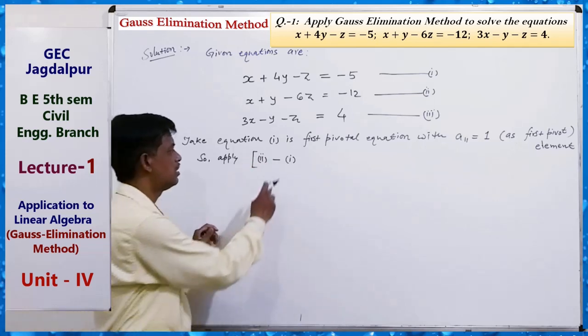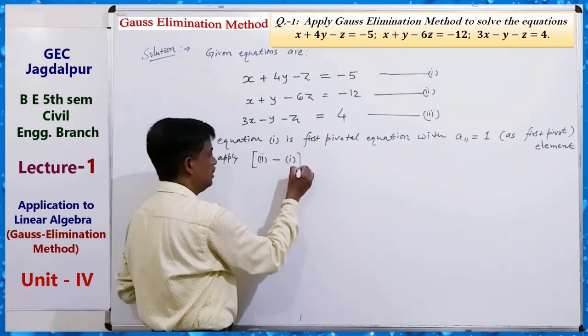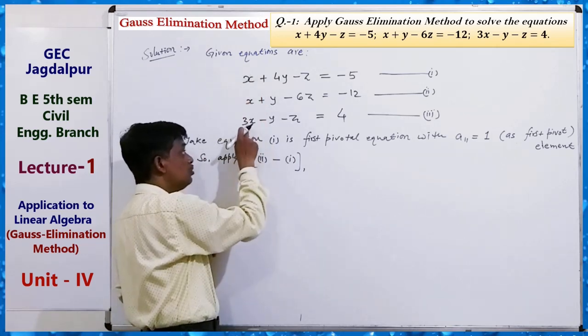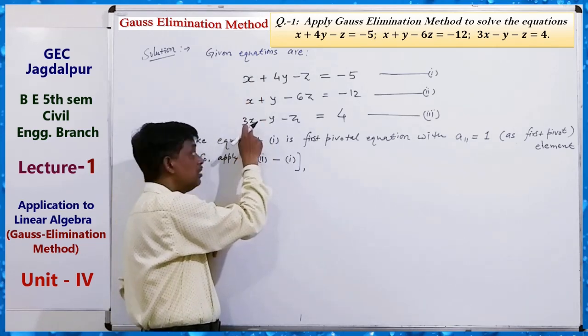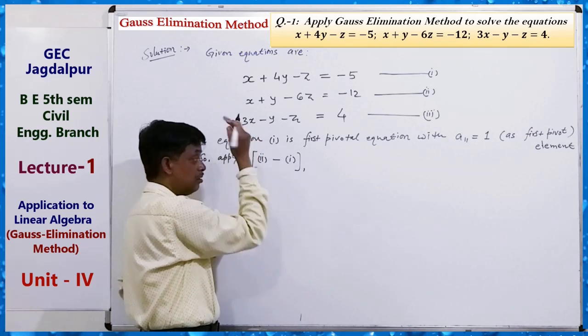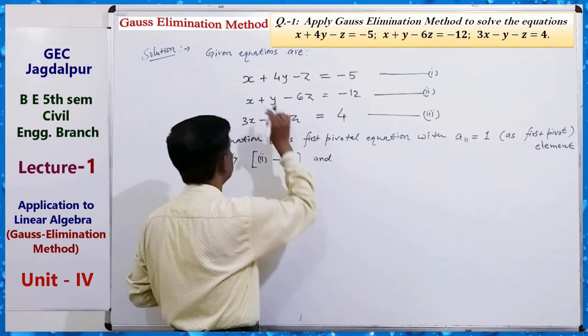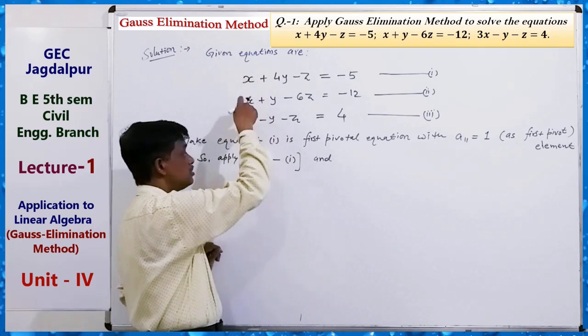That's why we are writing nothing. This, and also by using this you have to make it 0. By using this you have to eliminate this.